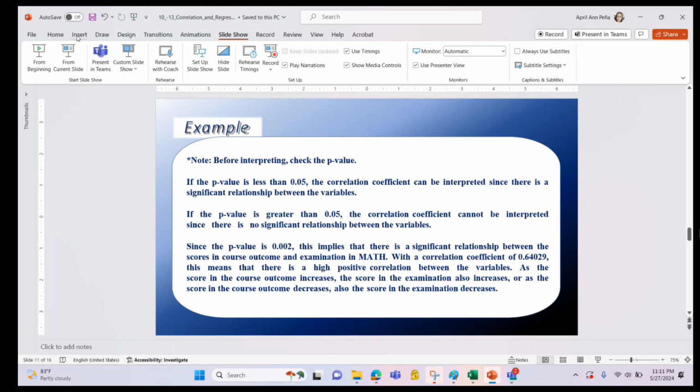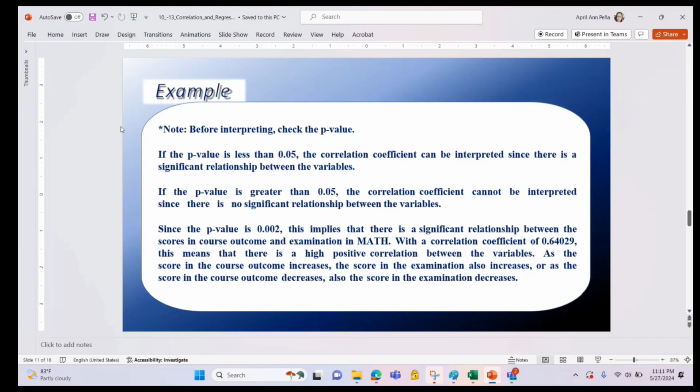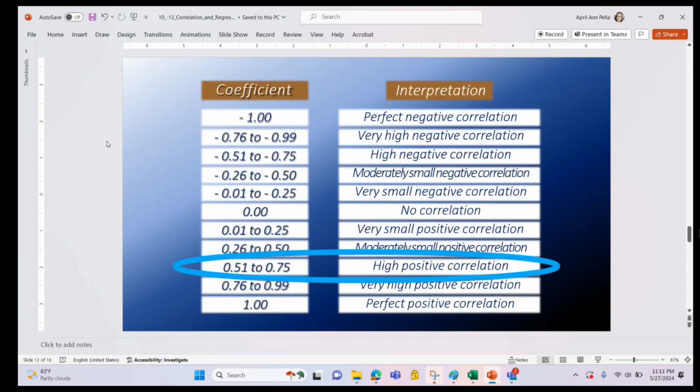So where is it from? Okay, it is actually here. This is the table that I showed a while ago when I gave the description of the correlation. Because R is 0.64, it is in between positive 0.51 and 0.75, being interpreted as high positive correlation.